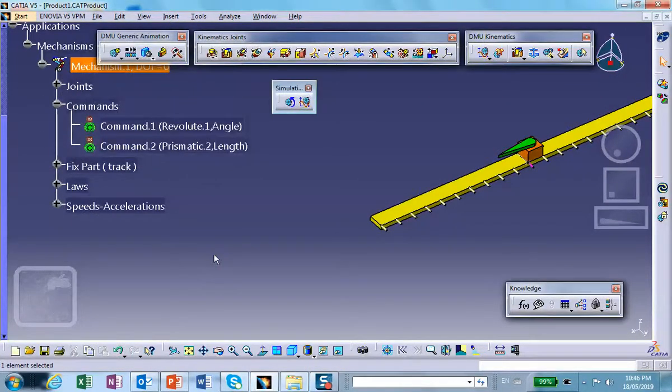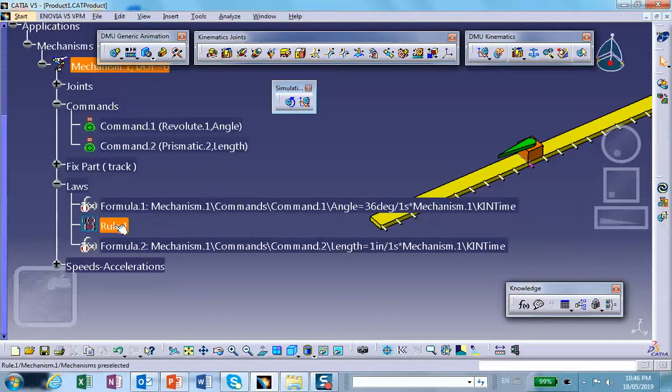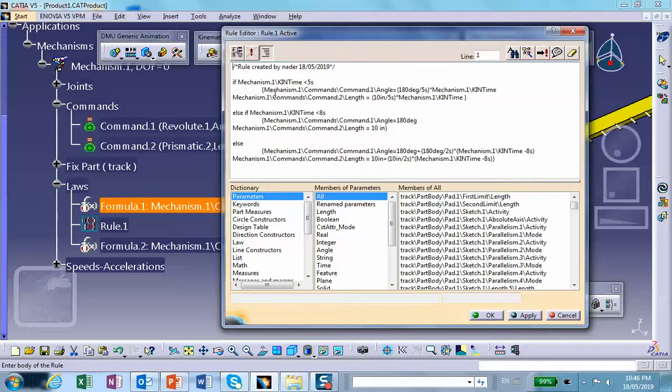Now keep in mind that I could have separated this into 2 rules, rule 1 and rule 2. Rule 1 would be, for example, only for the angle, and rule 2, the other program, only the length, for the prismatic joint.